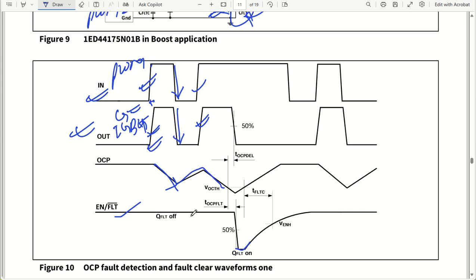Fault off is actually high, and whenever a fault is detected, that is considered low, so fault is active low. Whenever the fault pin goes to 0 or low logic, we consider the IC to be in a faulty condition, and that has happened because the overcurrent protection signal increased to a very high or irregular value.